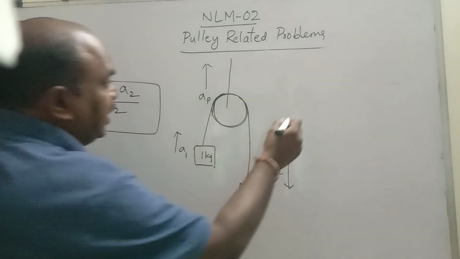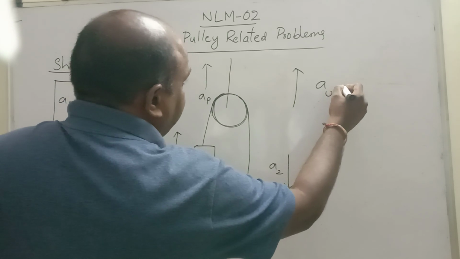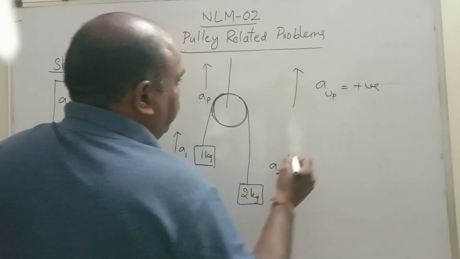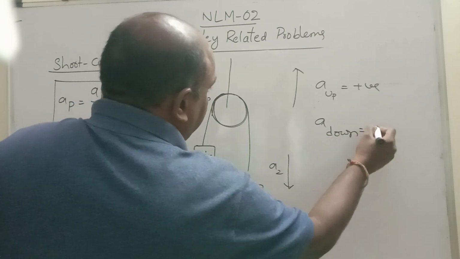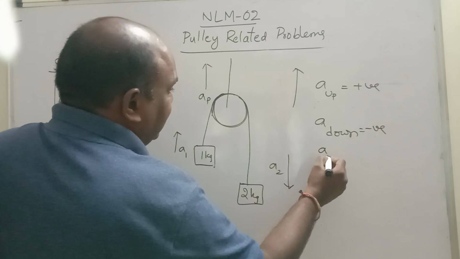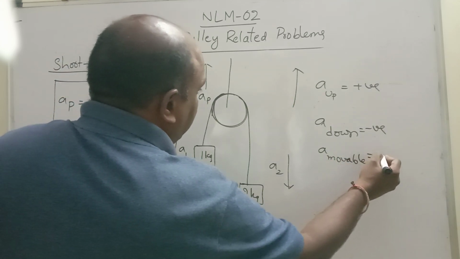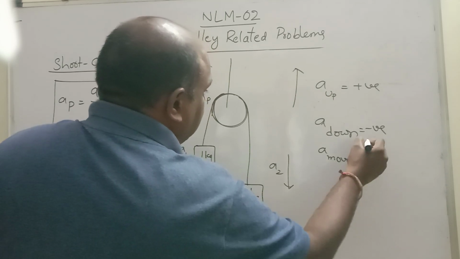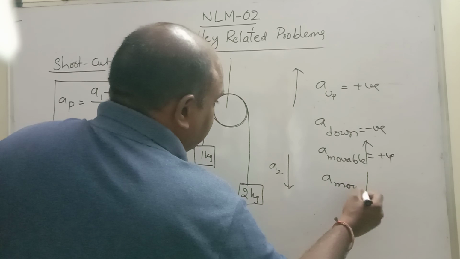Which body is going up? Upward acceleration is always positive. Remember, downward acceleration is always negative. If you remember these two, you can solve any problem easily. Acceleration of the movable pulley upwards is positive. Acceleration of the movable pulley downwards is negative.